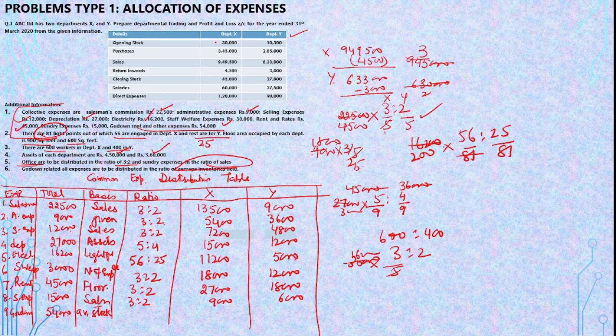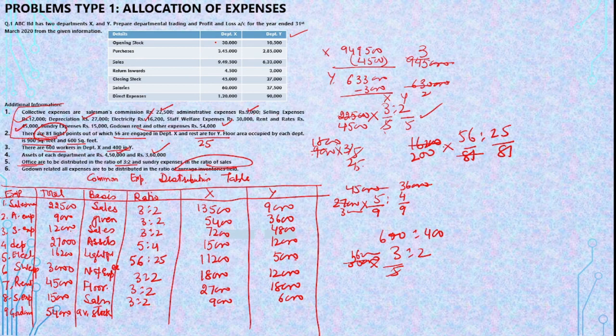Meanwhile I am doing this, you can proceed with the trading and P&L account. You are to prepare trading and P&L account for each of the departments. One way is to do it individually, but better is that you prepare trading and P&L account in columnar form.